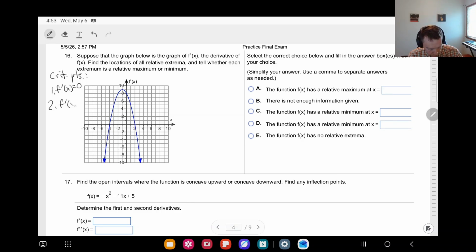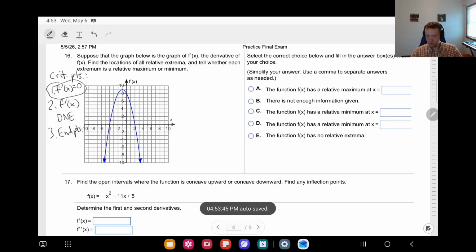But also, if the derivative is undefined or does not exist. Also, endpoints, those are a place to check. Could be a local max or local min. Well, the only thing that applies here is this first one. The others are not applicable to this problem. This graph here, you can plug in any x and it'll work. And there are no sudden sharp endpoints either.